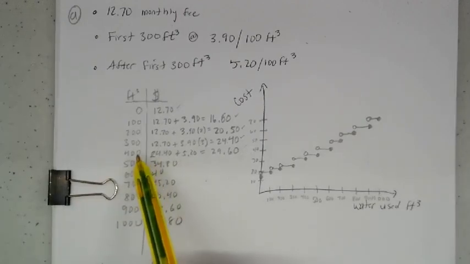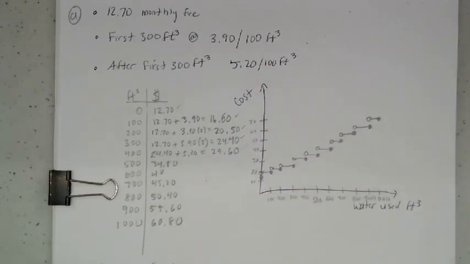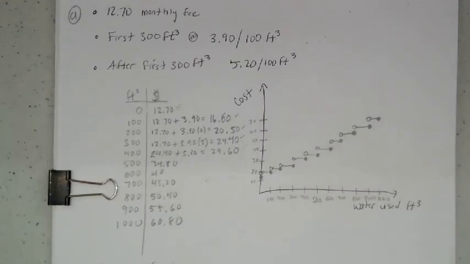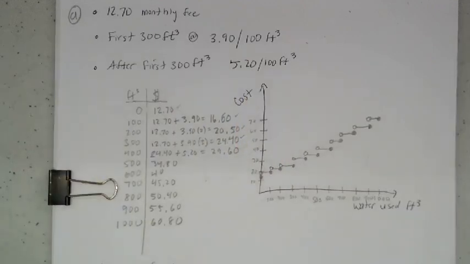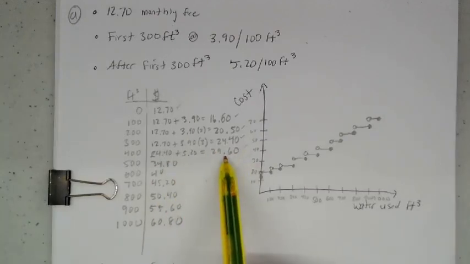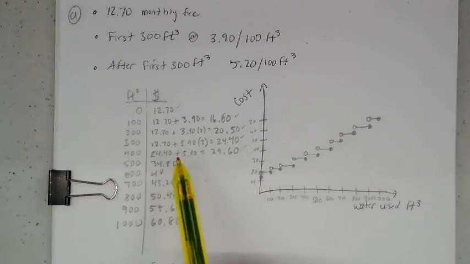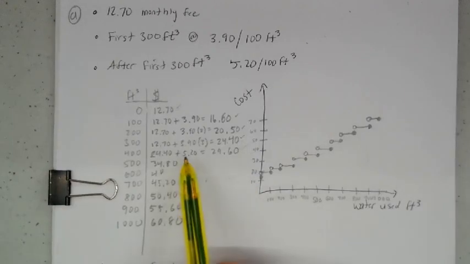After the 300, the price gets more expensive, at $5.20 per 100 cubic feet. At first I made a mistake, and I thought they were going to back charge $5.20 for the first 300 or something, but that didn't make sense. So all I did is take the total from 300 and add another 100 cubic feet to it, and I know each 100 cubic feet now costs $5.20.